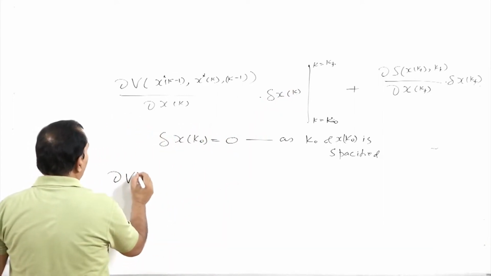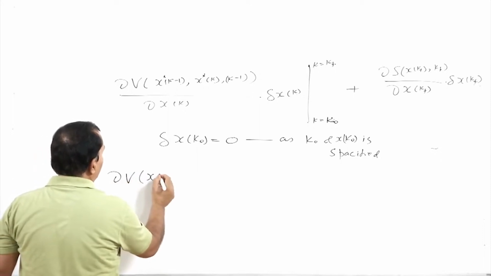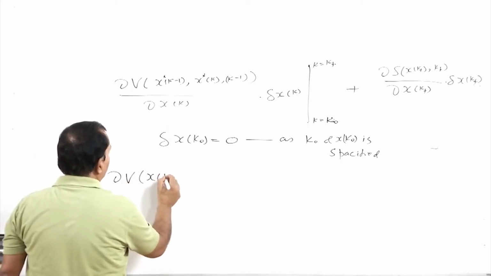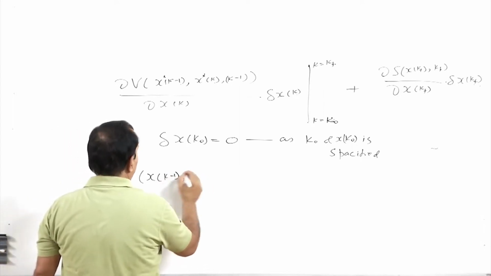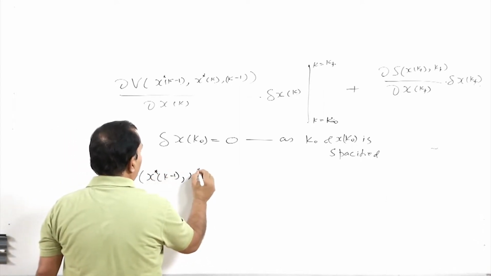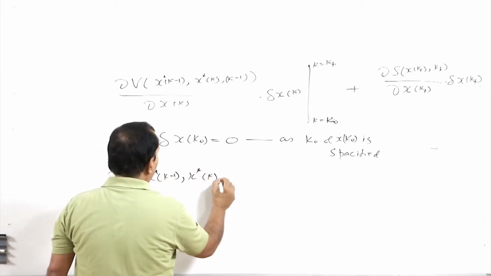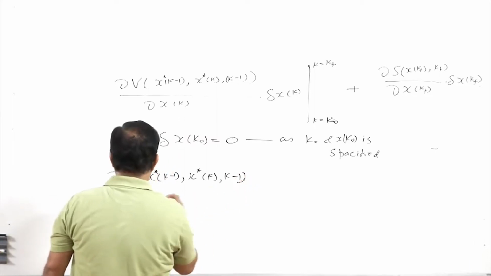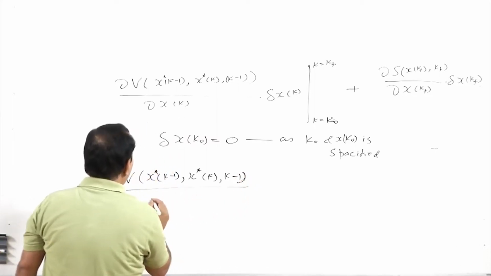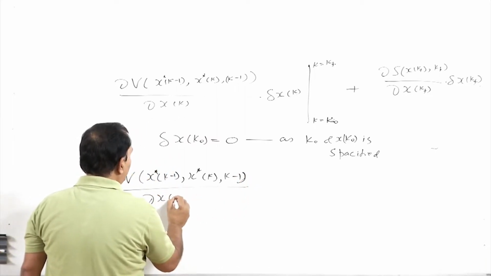So, delta v, I can write this as x of k minus 1 star, we are placing here x star k minus 1 by delta x of k.